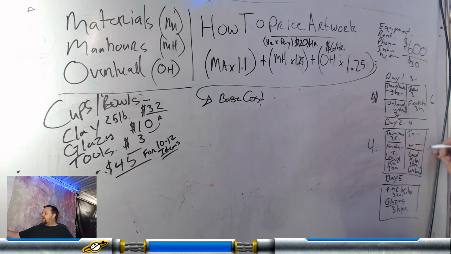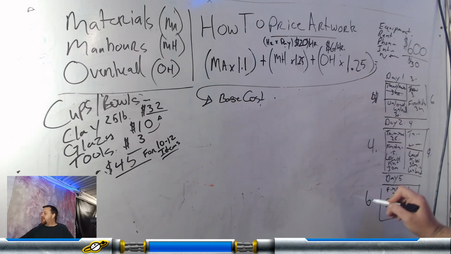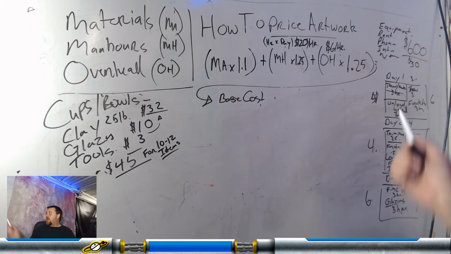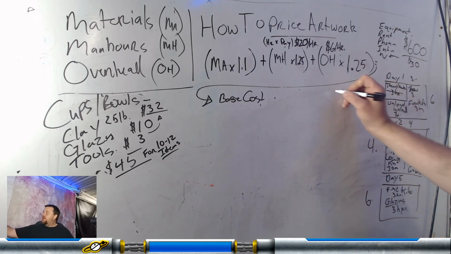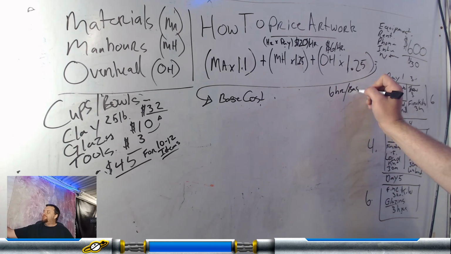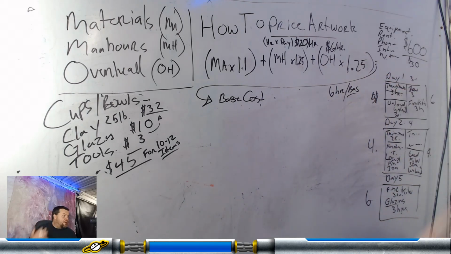Then let's just say another 4 hours here. And then we've got another 6 hours here. So in all, for 6 bags of clay, I've now accounted for 10, 18, 24 hours. That comes out to a total of 6 hours per bag of clay. Eventually, somewhere down the line.